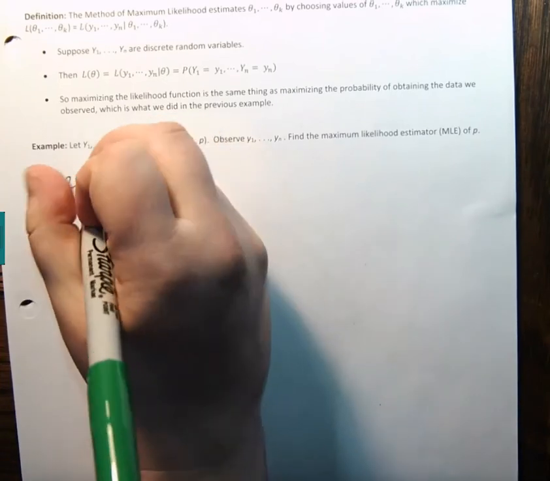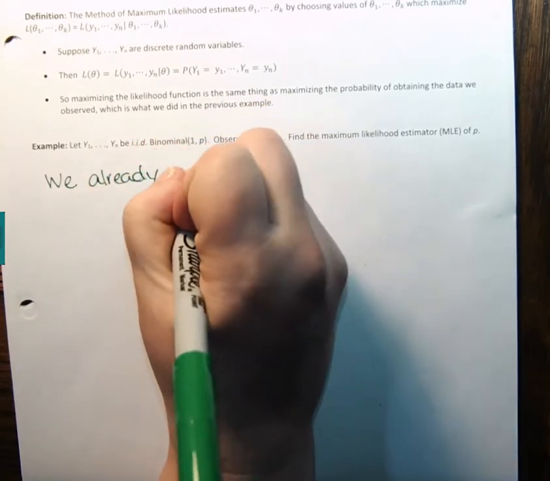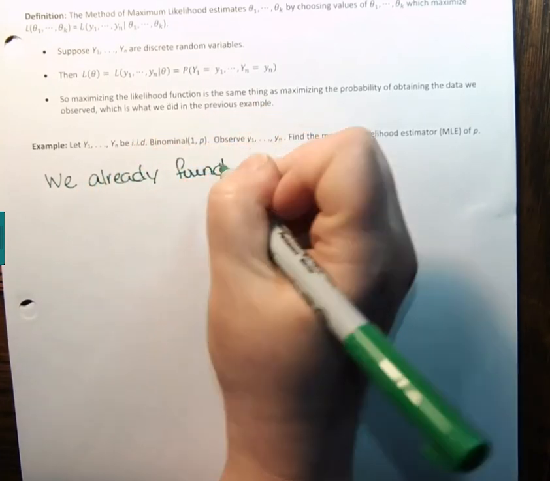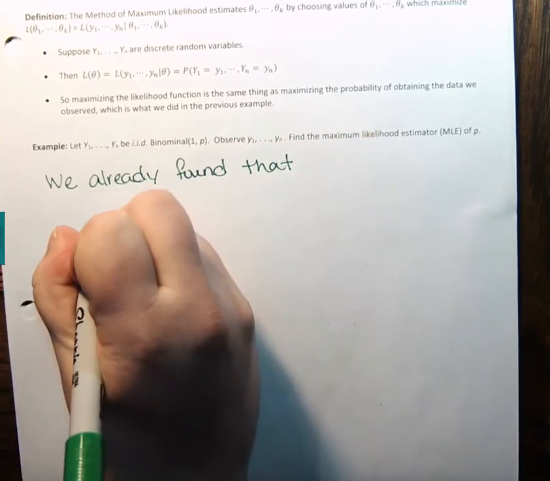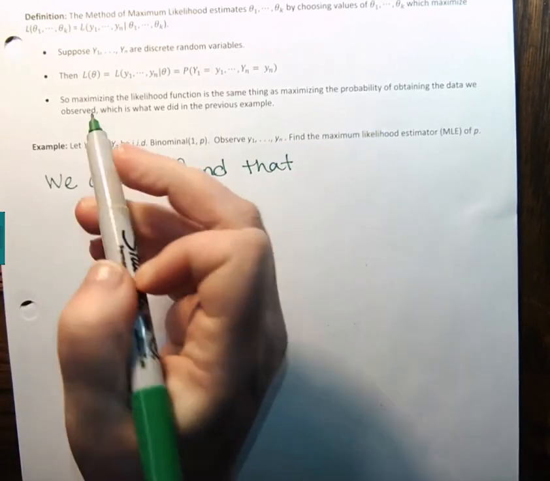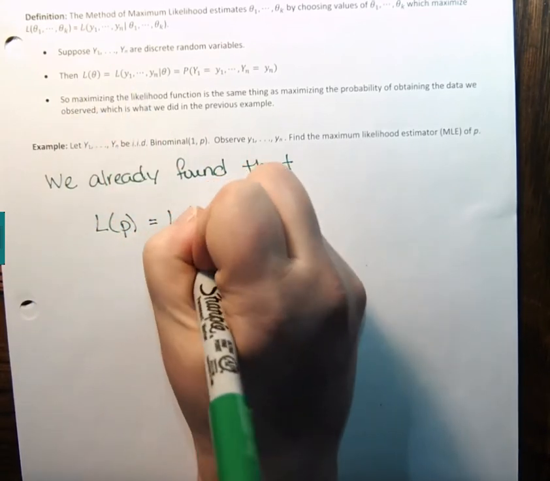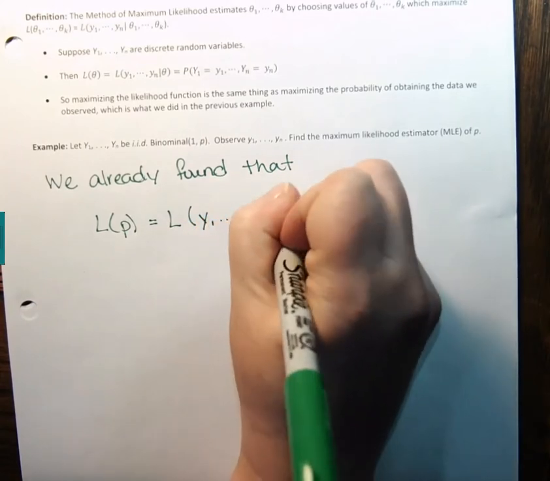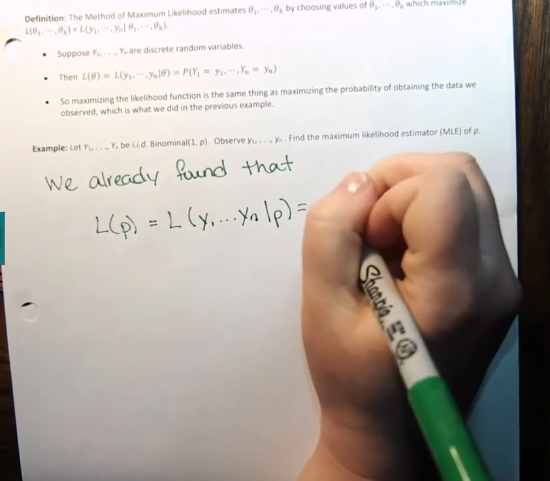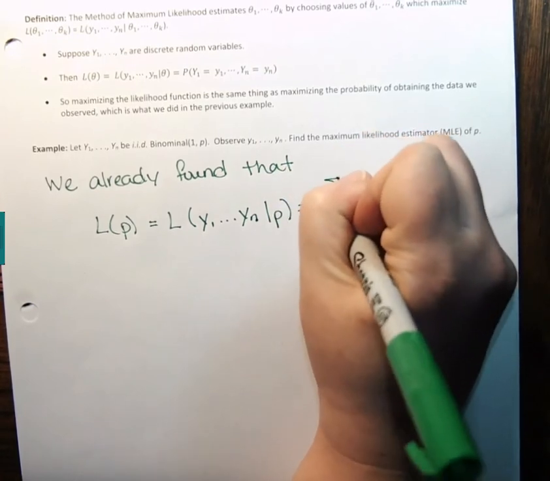So let's write that down. Well, L of p, just using this notation right here, that's equal to the likelihood function. And we've shown previously for that binomial, this is equal to the following.